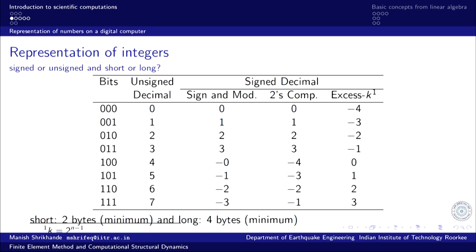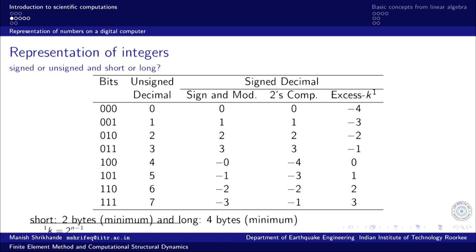Just as an example of different types of integers, I used this 3-bit system representation. For different bit patterns, you can see the mapping to the equivalent decimal numbers. The first column has all the bit patterns that we can possibly have if the word length is 3 bits.